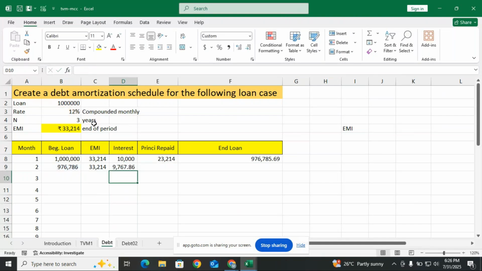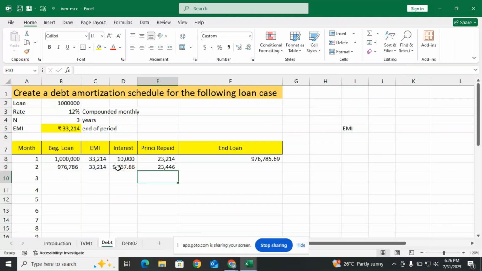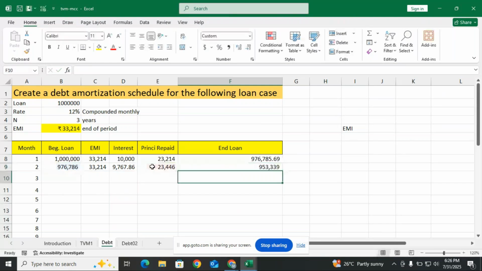So to come up to 9767.86. And again, your principal repaid is equals to EMI minus interest. So it's 23,446 equals to beginning of the loan minus principal. So second month I've cleared, and the remaining is 9,53,339.